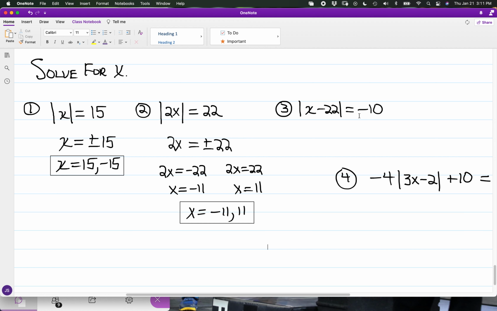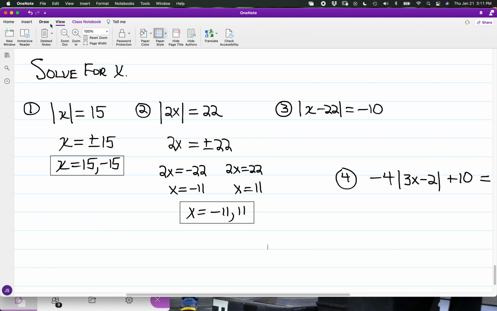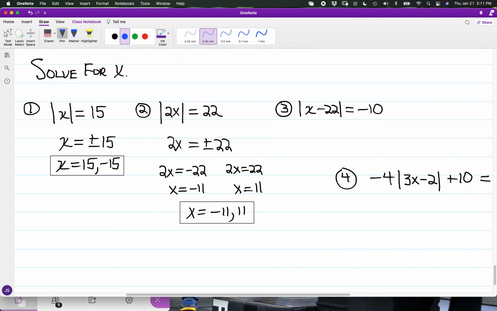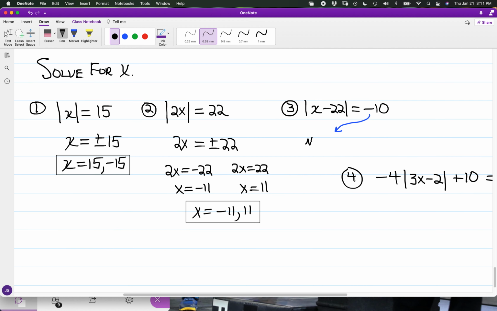However, k is supposed to be a non-negative value, and since k is negative 10, if we had a positive 10 instead, we would have had sets of values for x in the solution. But here, because of the negative sign, k cannot be negative, so we have no solution.